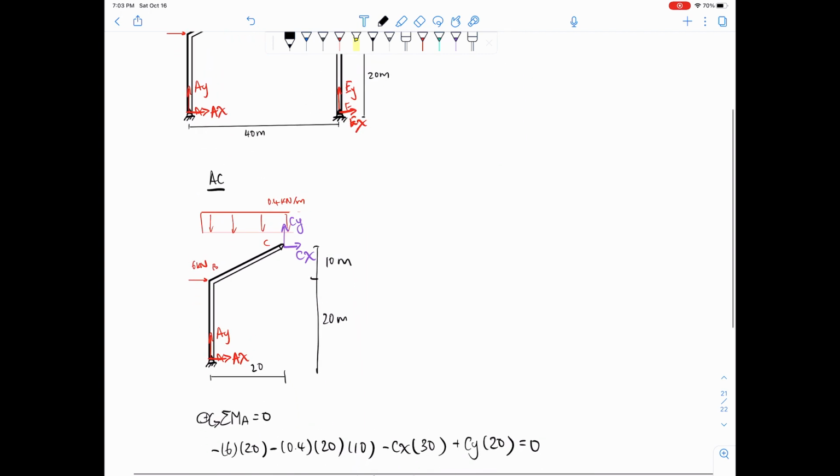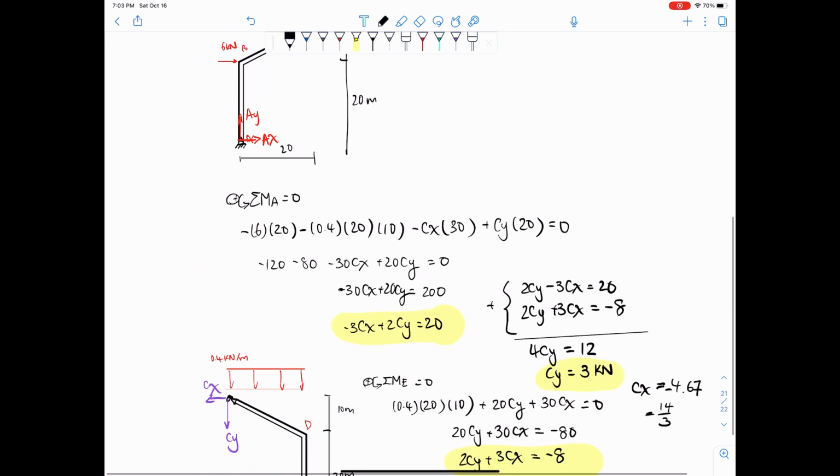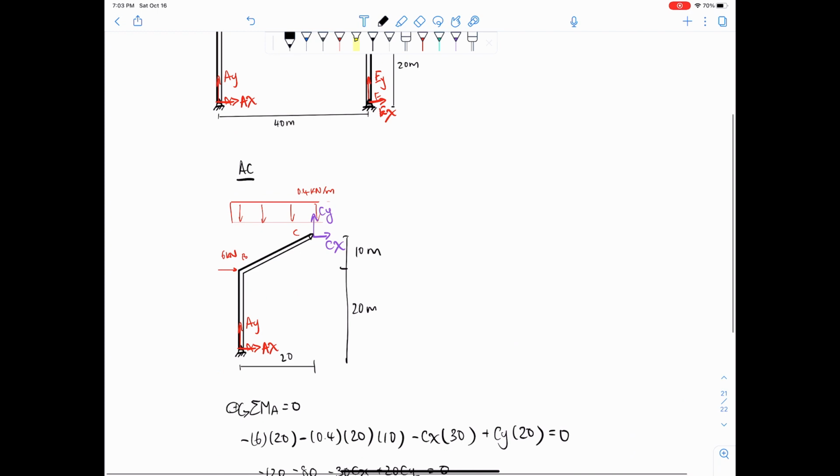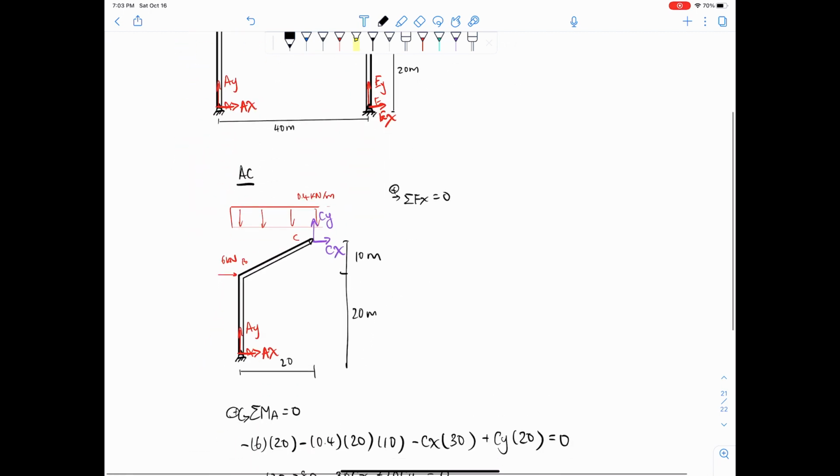All right, we can just go back and solve these individual systems. Once we have that, we can do sum of forces in the x direction for beam segment A, and we should get, let's see, cx is negative, it's going that way, so ax plus cx, and then plus the 6, don't forget the 6, equals 0.